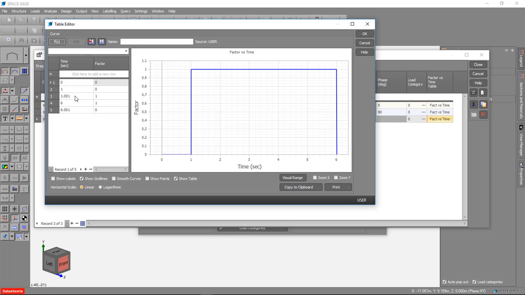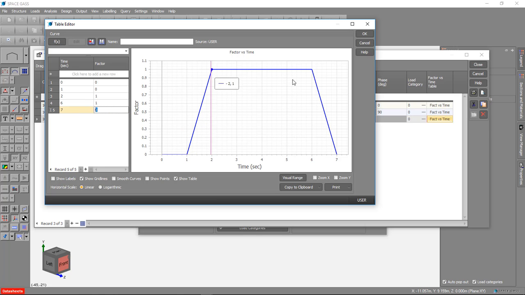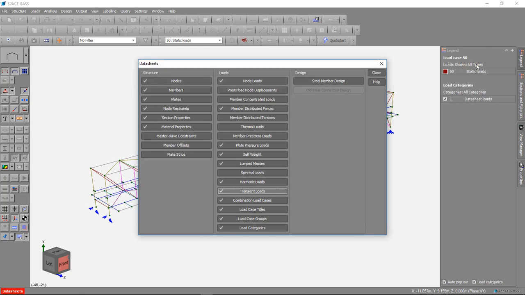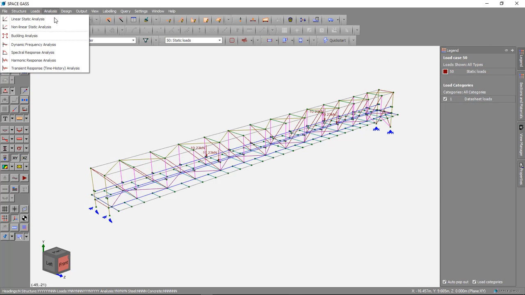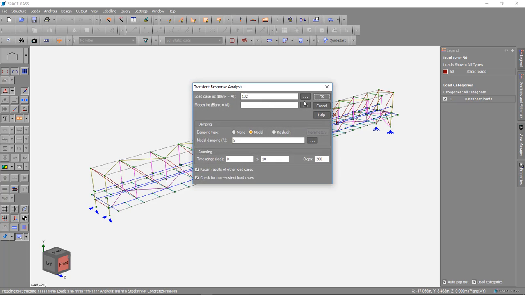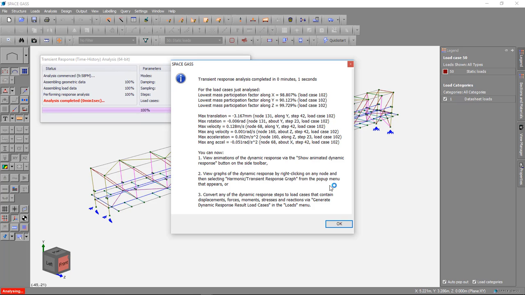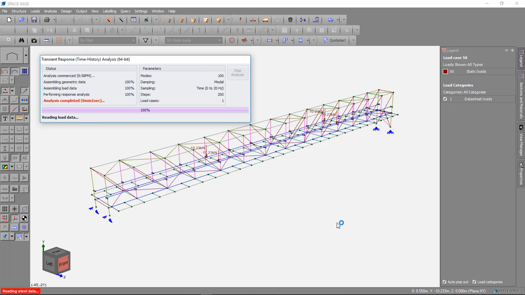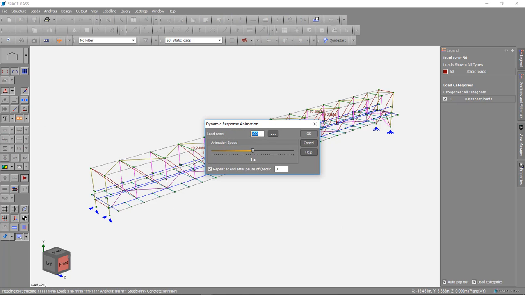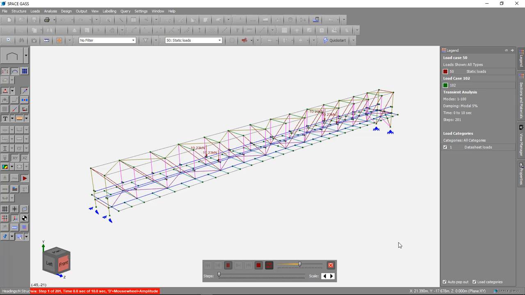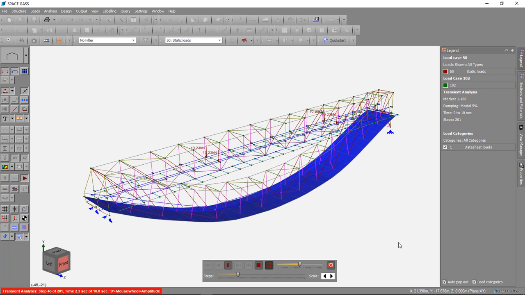So let's say at 2 seconds we apply it, so we've done it a bit more gently now, and let's say we also take a second to remove the load, so this will make it not bounce around quite as much. So you can see it's much more gentle and there's much less dynamic effect involved.